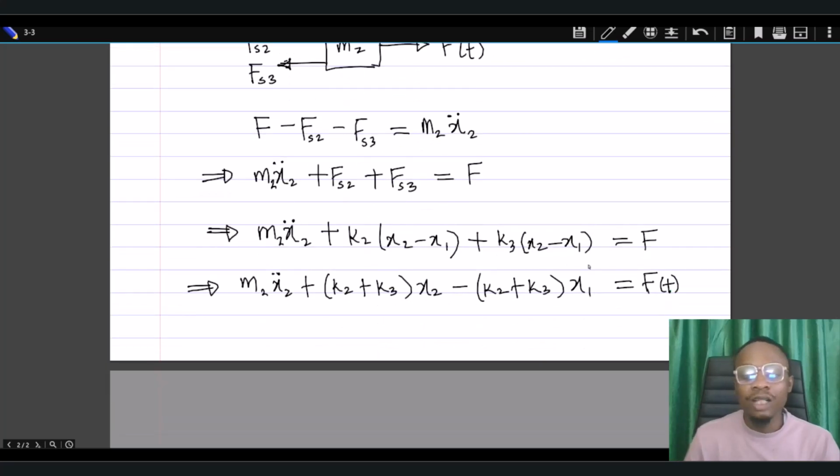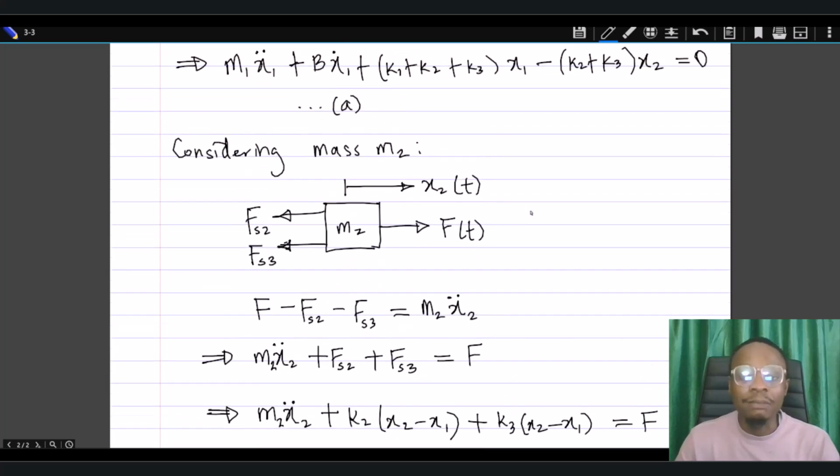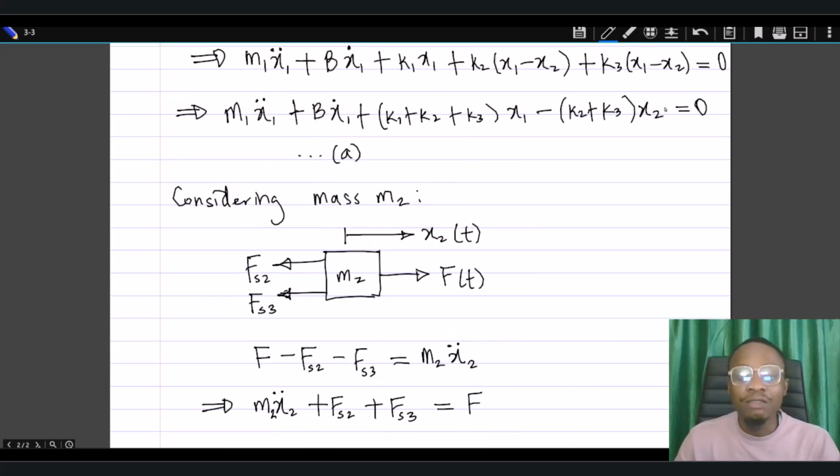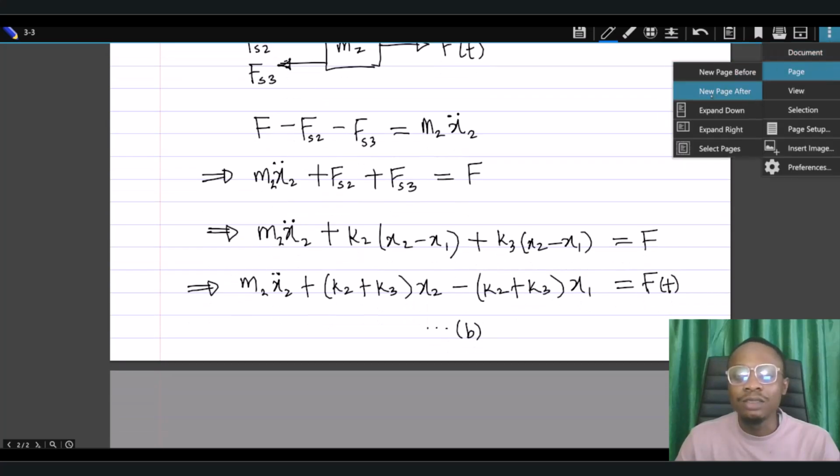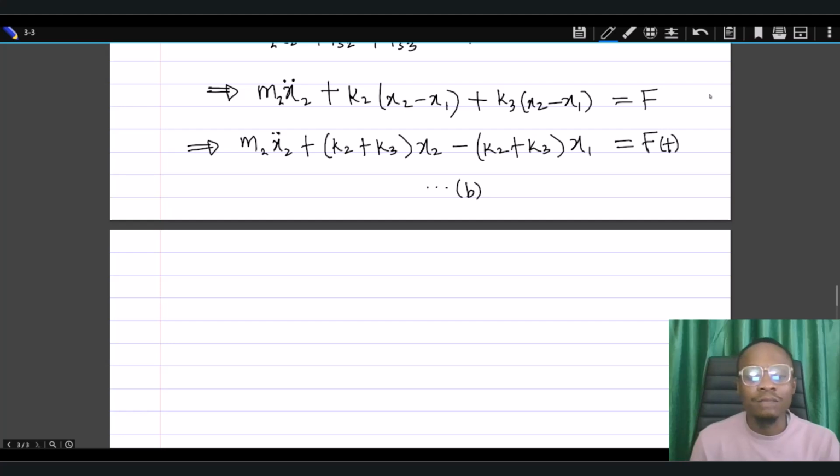Okay, we can call that our equation B. So equations A and B give the mathematical model for this system. That means we inevitably have two equations here because we have two masses. So we can put them together.